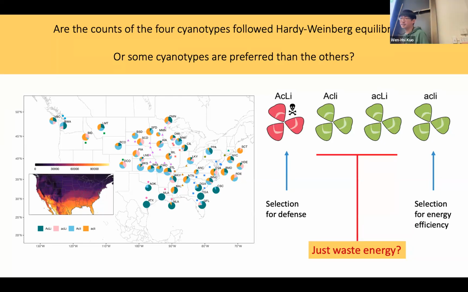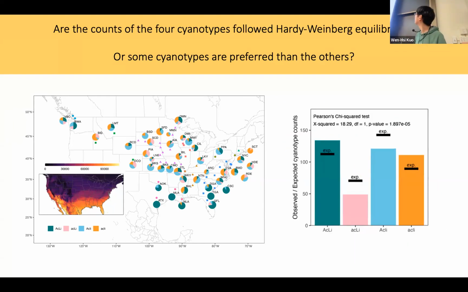So is it just a waste of energy? If this hypothesis is true, we would expect to see a lower number of counts in these two phenotypes. And we find, yes, the small AC big LI and big AC small LI phenotypes have a lower number of counts compared to the Hardy-Weinberg equilibrium.